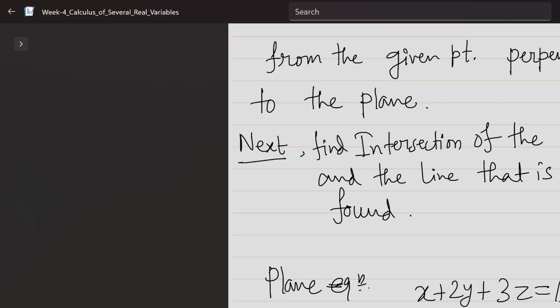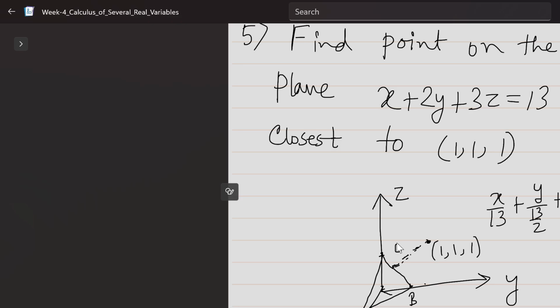Suppose this is the plane and the perpendicular is from 1, 1, 1. So how do you find the gradient? What is the vector? You know the direction ratio of a line. How do you find the gradient? Can you tell me?